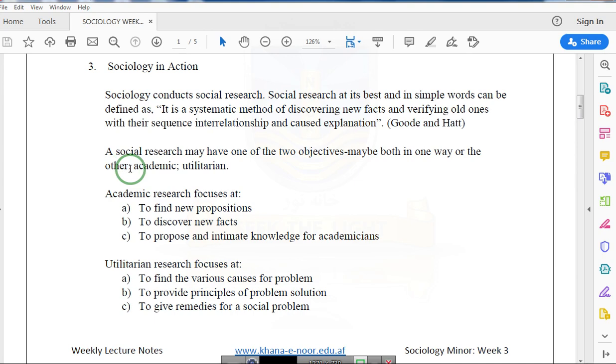The objective behind any and all social research can be purely academic or purely utilitarian or a blend of the two. Pure academic research focuses on finding new propositions, discovering new facts, and proposing and imparting knowledge for academicians.